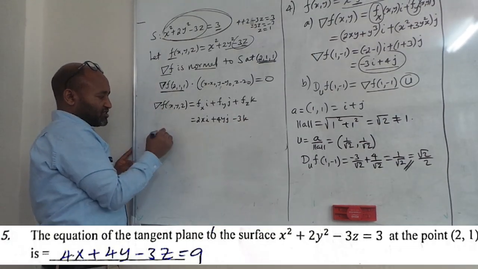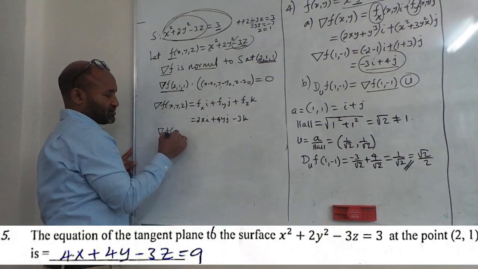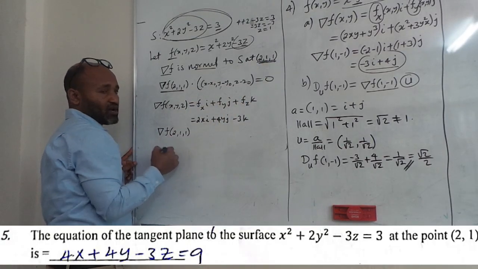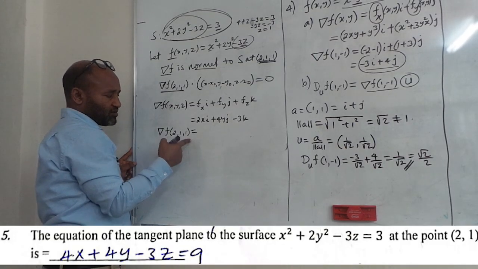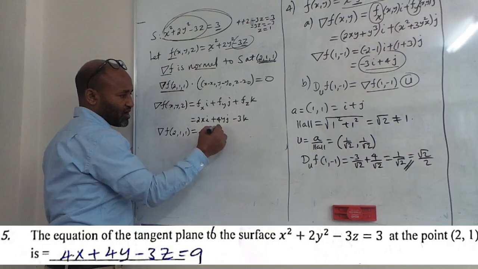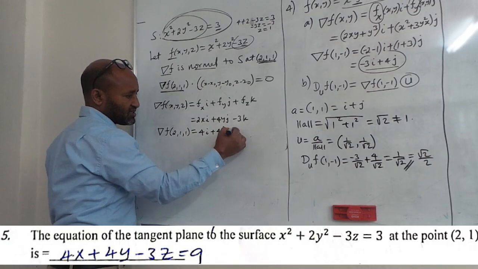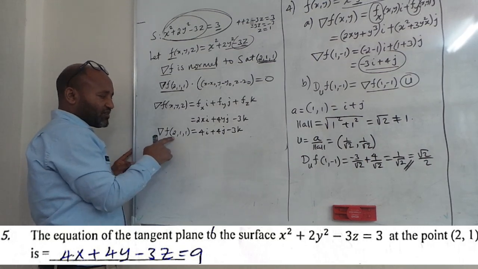That is at an arbitrary point. What we want is the gradient of f at 2, 1, 1. So we substitute x is 2, y is 1, z is 1: 4 in the i plus 4 in the j minus 3 in the k. This is the gradient of f at 2, 1, 1.